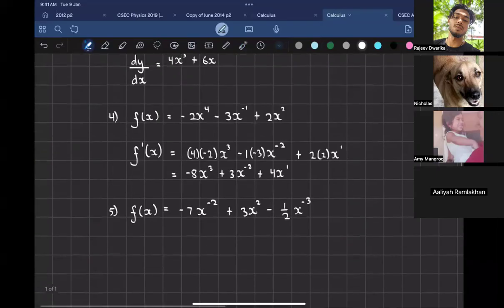I want you all to try to differentiate this. Right now I want everybody to be trying question 5. Try to differentiate that.